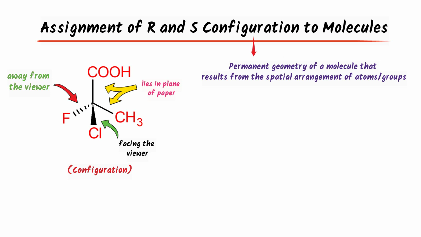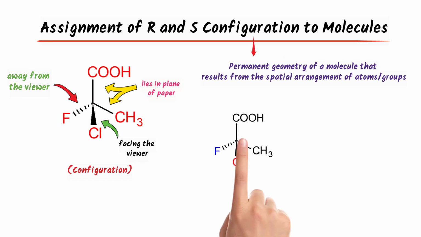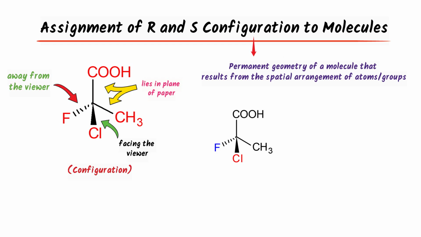Now, this cannot be the only configuration possible. There can be other configurations also for the same molecule. As you see, in this case, chlorine is attached to the central carbon by a wedge bond, while fluorine is attached by a dotted bond. However, in the next, fluorine is attached by a wedge bond, while chlorine is attached by a dotted bond.